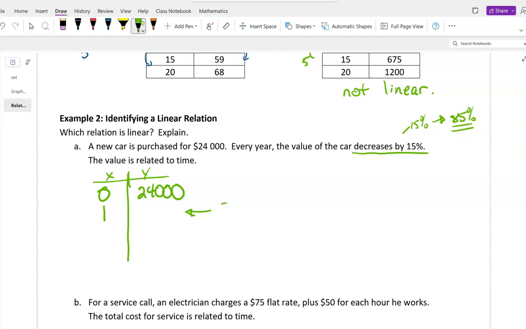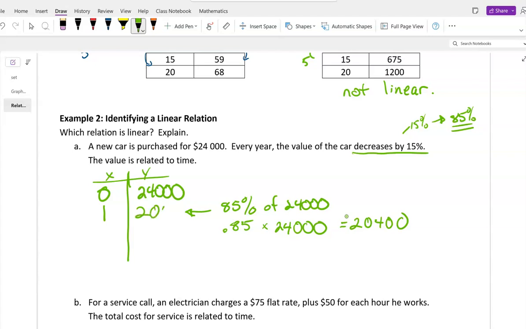So I'm going to go 85% of 24,000. 85% means 85 divided by 100, so 0.85. Of means multiply. So that equals 20,400.